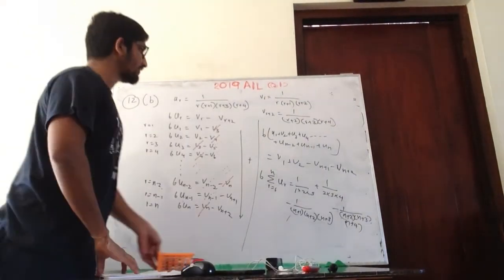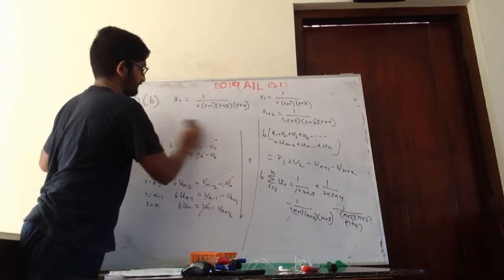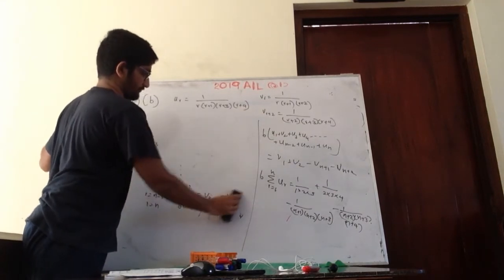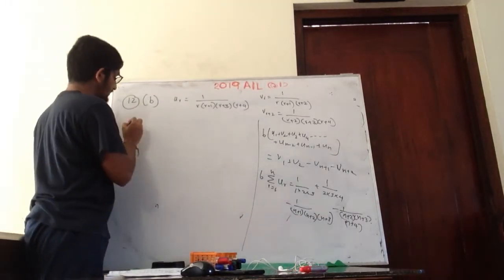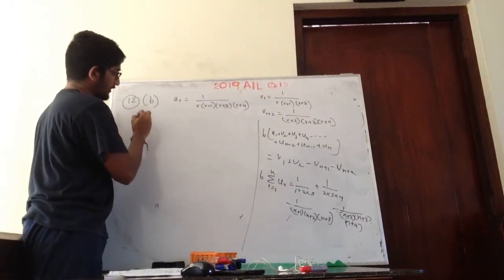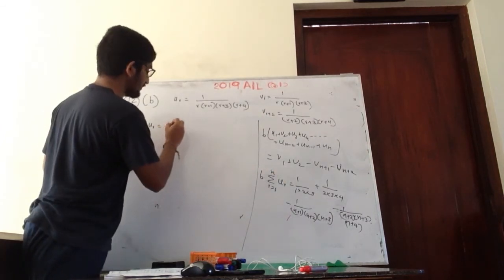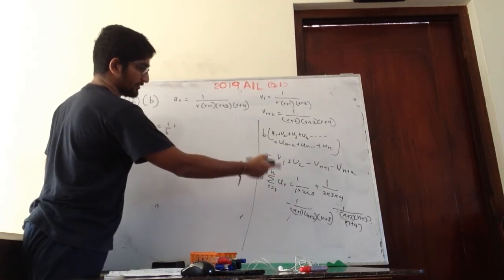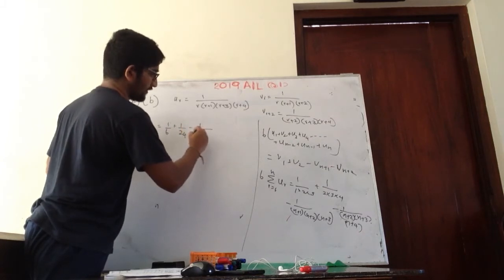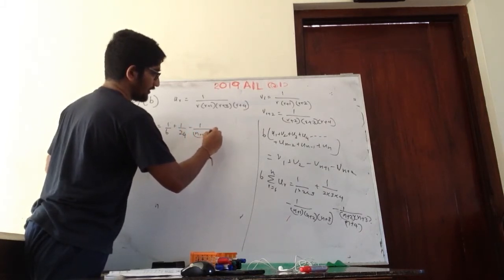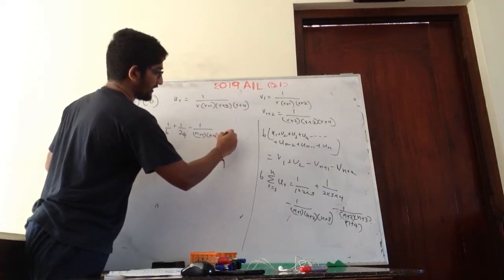Right, so then they are asking for this addition of UR. From here you get 6 times the sum from R equals 1 to n of UR equal to 1 over 2 times 3 is 6, plus 1 over 3 times 4 is 12, minus 1 over (n plus 1)(n plus 2)(n plus 3)(n plus 4).